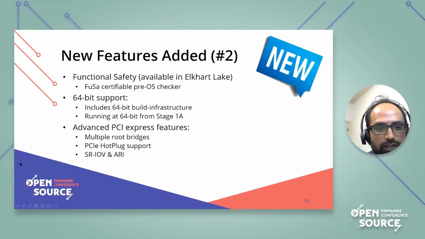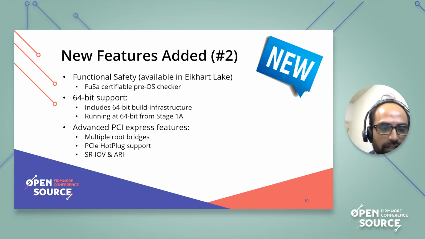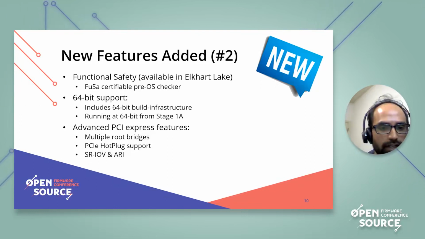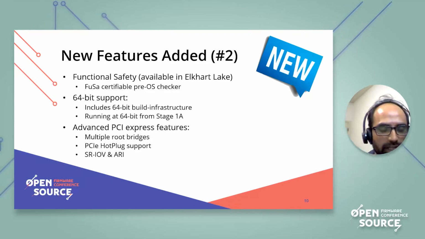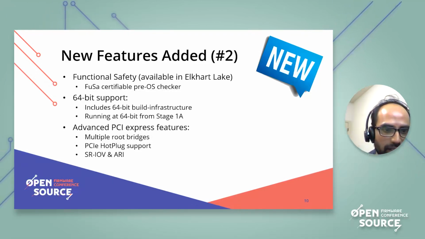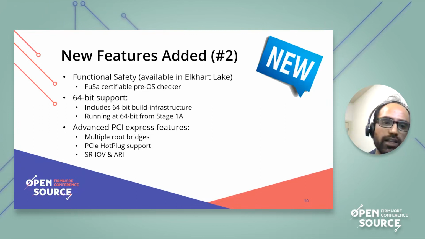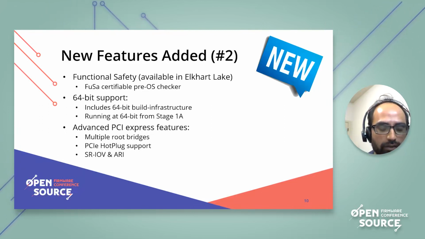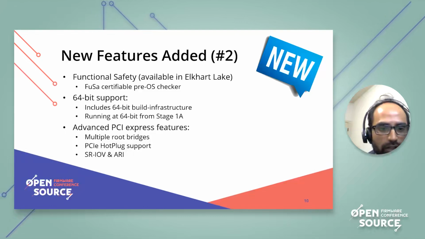If the user can enable these features in the static configuration, the Slim Bootloader's PCI enumeration can identify the SR-IOV and the ARI capable devices and enumerate all the virtual functions and assign the PCI memory and the IO resources for them accordingly.